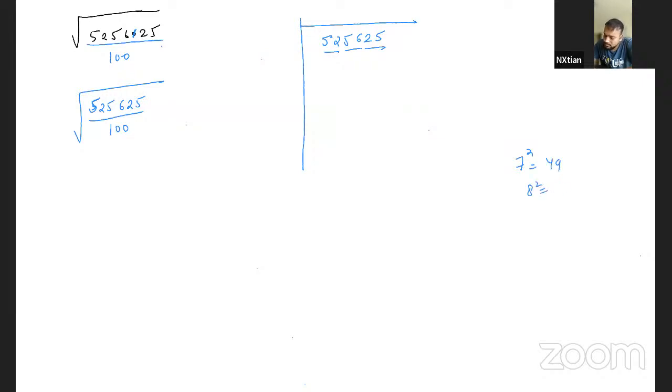So I will take 7 square, which is 49. So 7 sevens are 49, and then 3 will come, and then 56 will come because it will pair, and then 7, which I multiplied, I have to add it on the left side, so it will come 14.